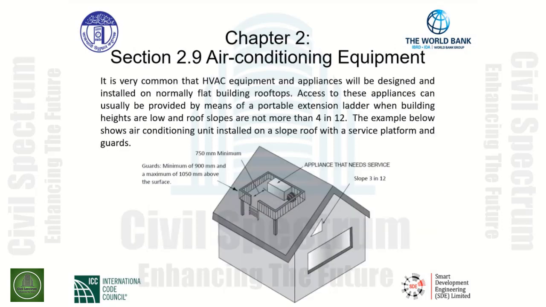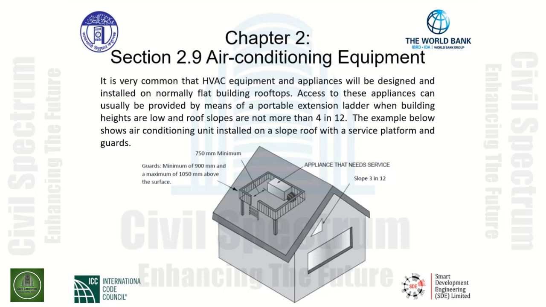It's very common that HVAC equipment and appliances will be designed and installed on normally flat building rooftops. However, access to these appliances can usually be provided by means of a portable extension ladder when building heights are low and roof slopes are not more than 4 in 12.